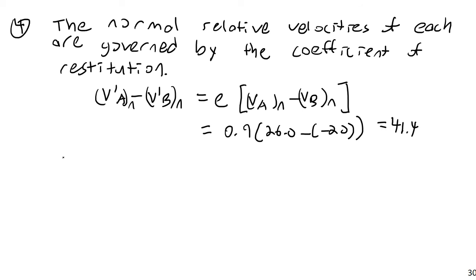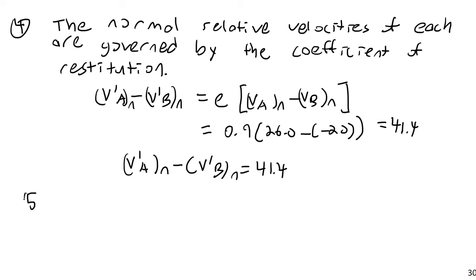So step 5, solve the equations from 3 and 4, a system of simple linear equations, not that bad. Let me rewrite this so it's very clear: V prime A normal minus V prime B normal is equal to 41.4.